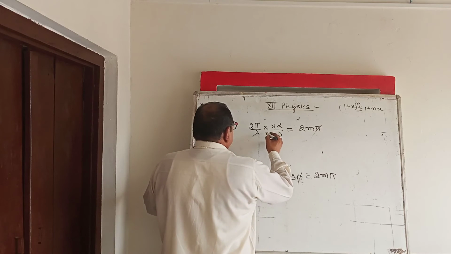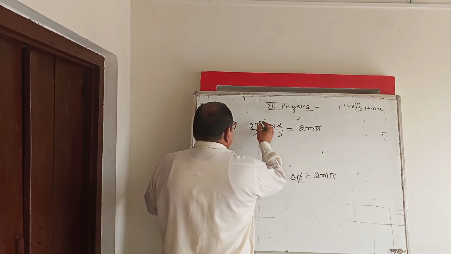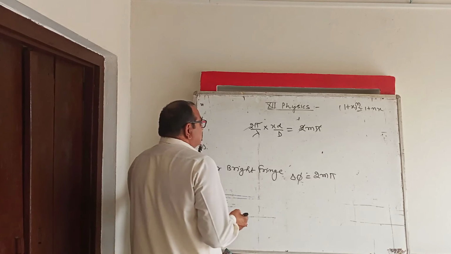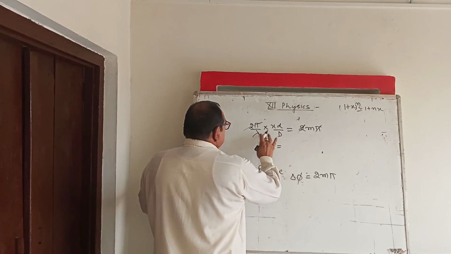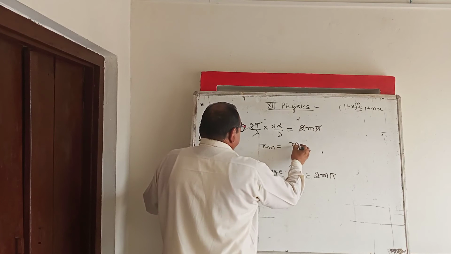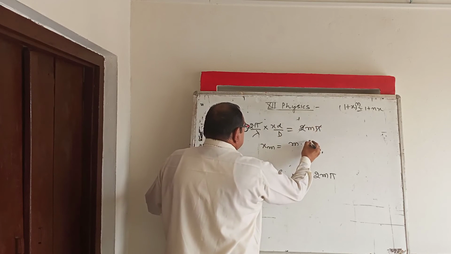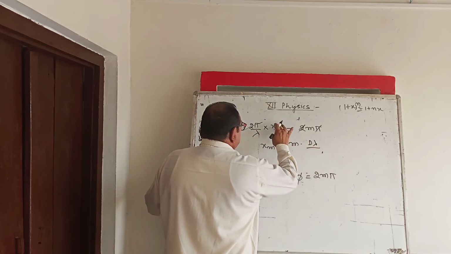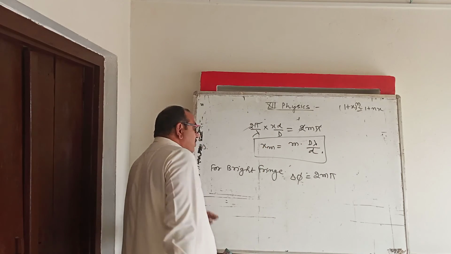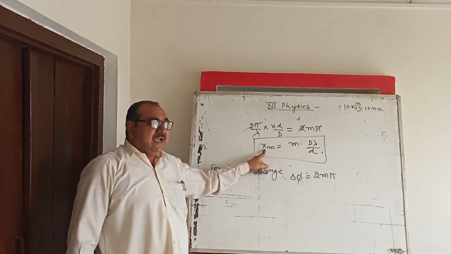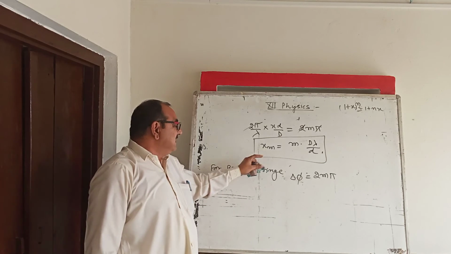Pi is cancelled, 2 is cancelled, m. So I can write in general xm equal to m d lambda upon d. This is the distance of mth bright fringe from the central fringe.